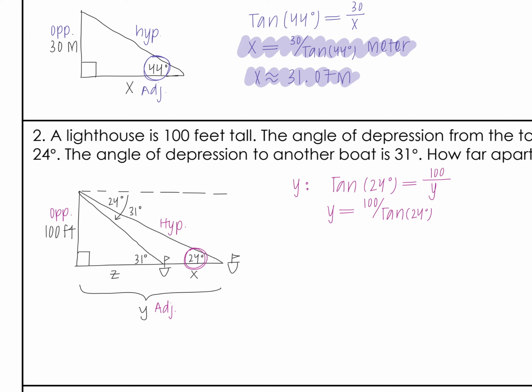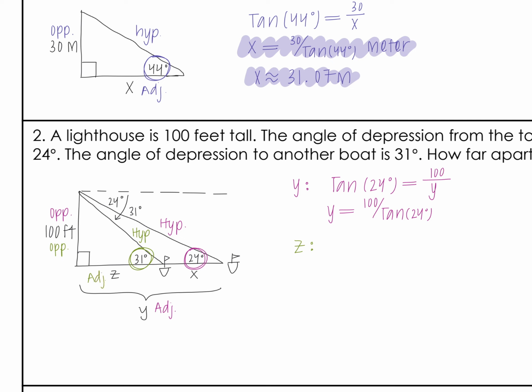I'm going to now move into solving for my z. Okay, so z is going to be using this angle here, okay? And so I'm going to label, we've got the same opposite. We have our hypotenuse moving inward. And then my adjacent is that z.